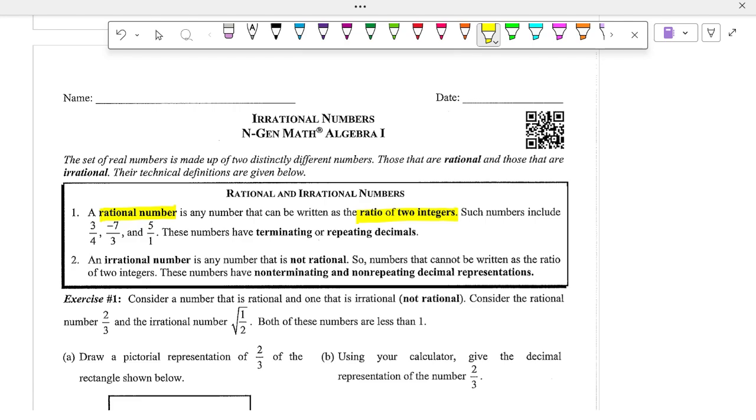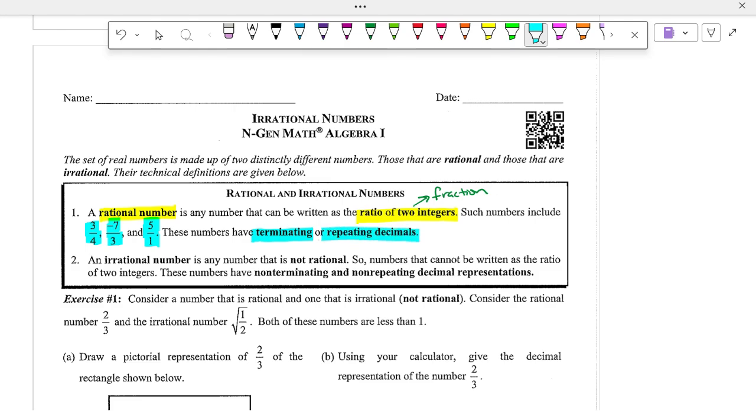What's another name for ratio? Fraction. So if I say the ratio of two integers, I mean that it can be written as a fraction. Some examples would be 3/4, -7/3, and 5/1. They either have terminating decimals, meaning they end, or repeating decimals.